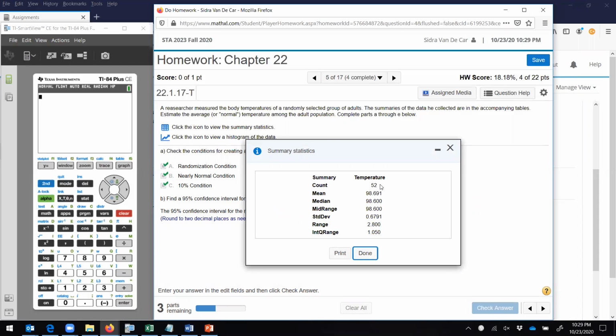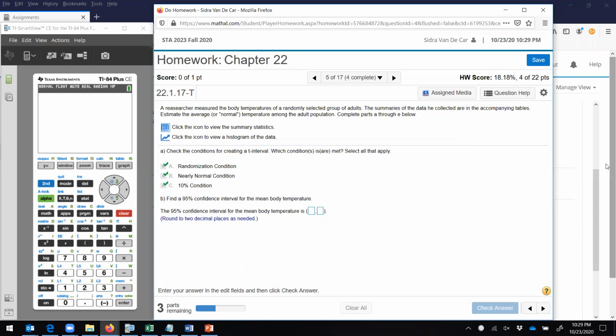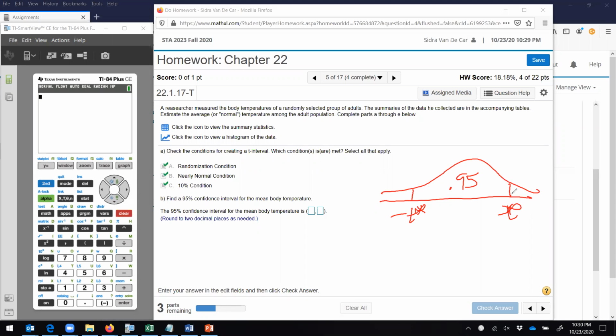So we had 52 people. So our degrees of freedom is 51. And it's a 95% confidence interval. So remember the picture. That means 0.95 in the middle. We want to know the T critical, right? That's the negative and that's the positive of it.